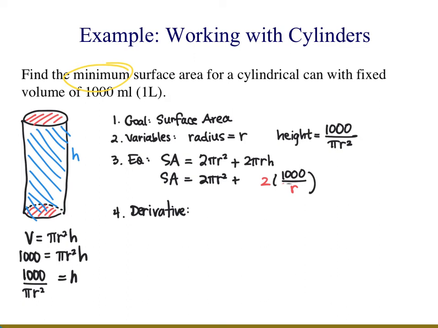Okay, so when I graph my Math 8 derivative, I used a window of 0 to 10, and I used 0 to 10, and then I did negative 10 to positive 10. That was my window.